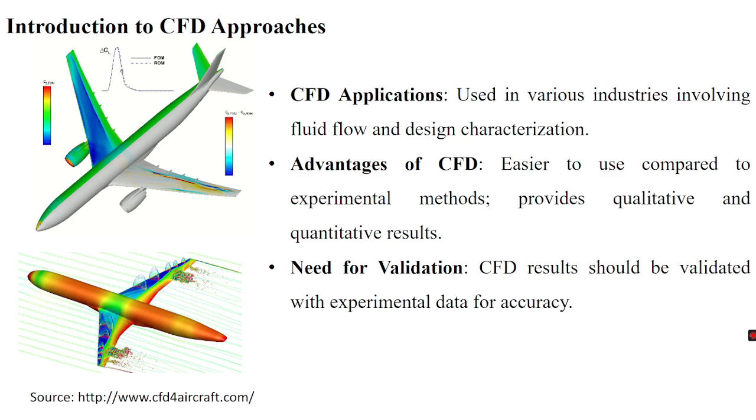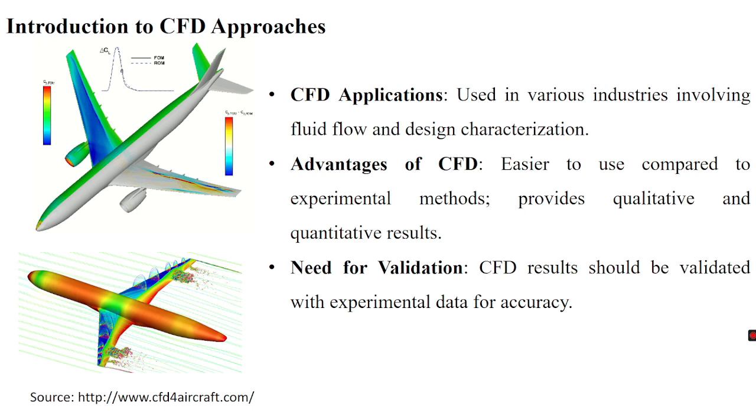You can see the aeroplane with many colorful contours: blue, orange, yellowish. These are the output. Once we apply all the conditions and are done with the pre-processing and solver setup, finally we come up with this type of beautiful contours after completion of our simulation.